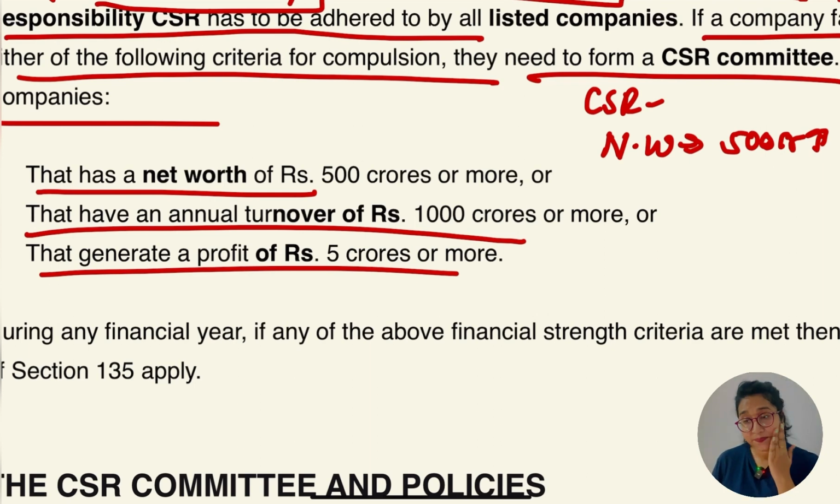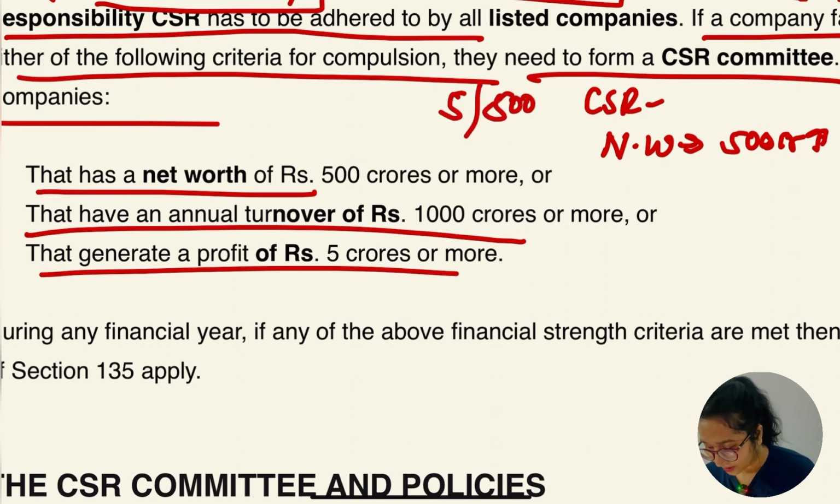Let's go for the ascending part. If they have a net profit of 5 crore or more; second, if they have a net worth of 500 crore or more; or if they have a sales turnover of 1000 crore or more. Which means 500 and 1000 crore. Hope this point was clear now.